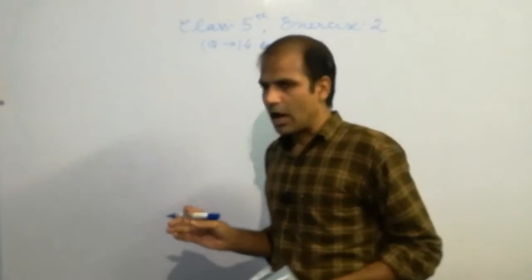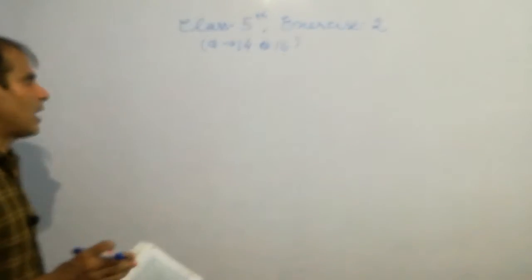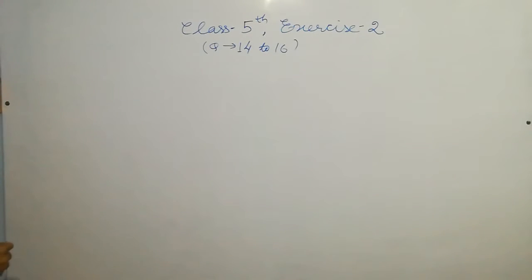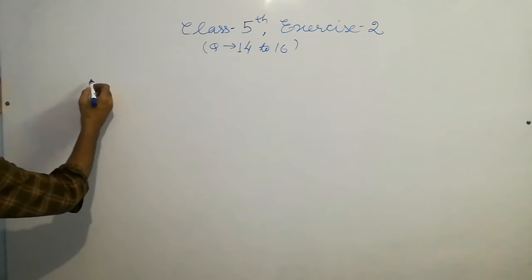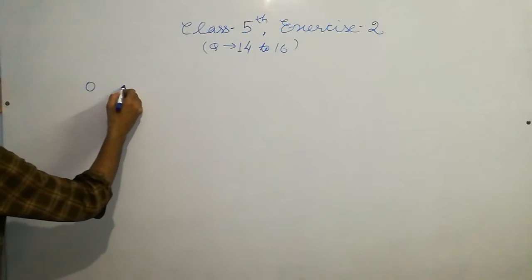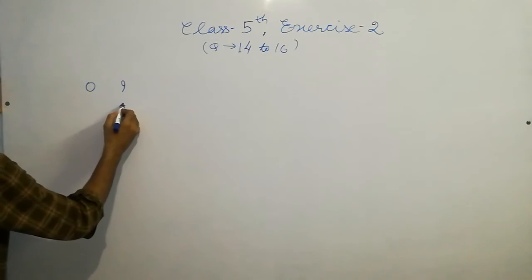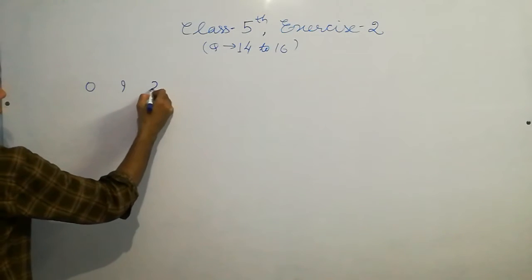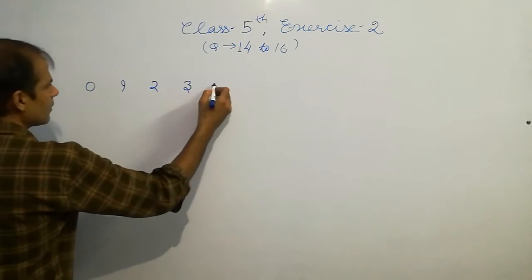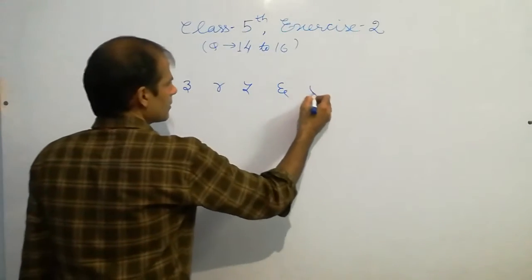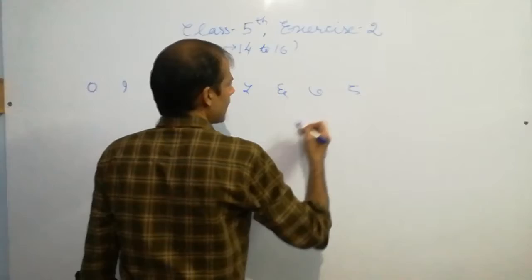So I am going to revise how to write Indian numeral digits. It's very easy, but I want to revise this. So it is 0 in Indian numeral digits. It is 1. Sometimes 1 is also written this way, but it is complicated. 1, 2, 3, 4, 5, 6, 7, 8.